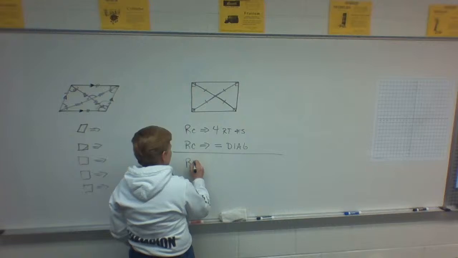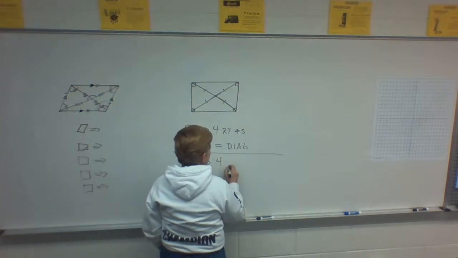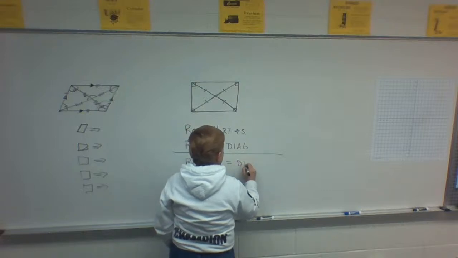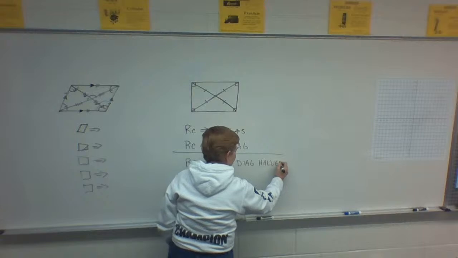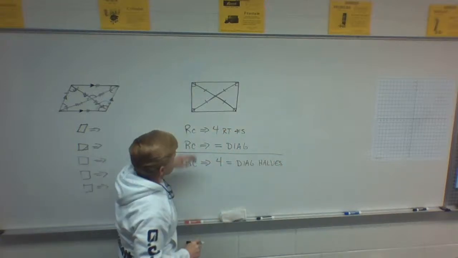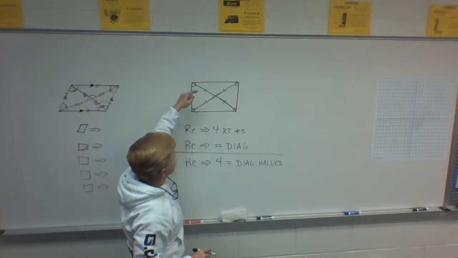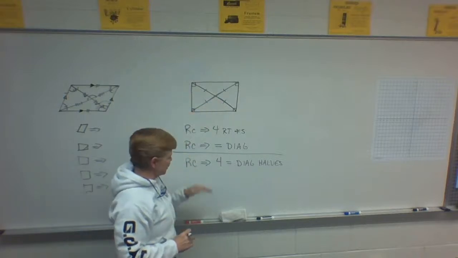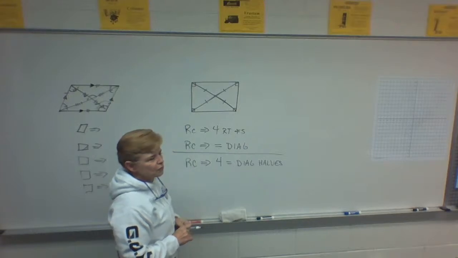A rectangle also implies 4 equal diagonal halves. The diagonals cut each other in half because it's a parallelogram, and they're equal because it's a rectangle, which means you get 4 equal halves. You may use this for a reason if you like. It's not in the book, but you can use it for me.